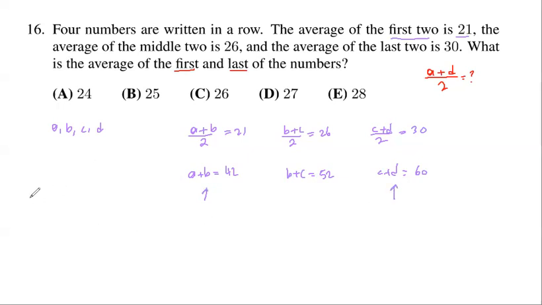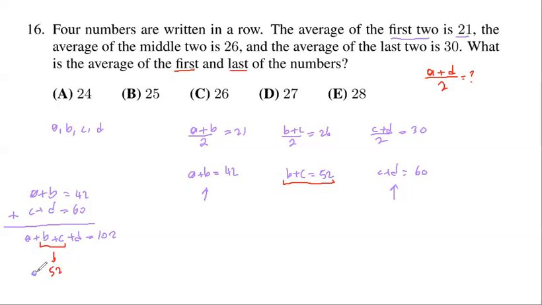So let me do that. If I add A plus B, which was 42, and C plus D, which is 60, I get A plus B plus C plus D equal to 102. But we already know B plus C is 52, so we can replace that with 52.